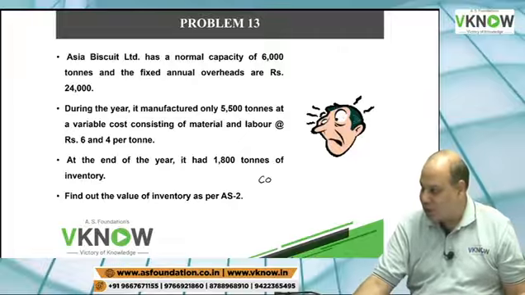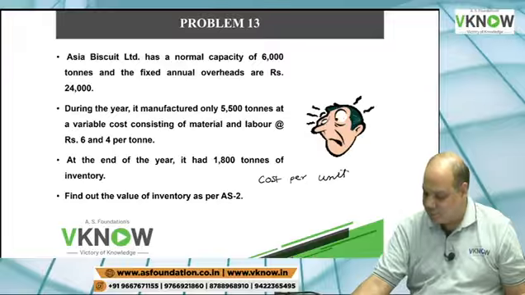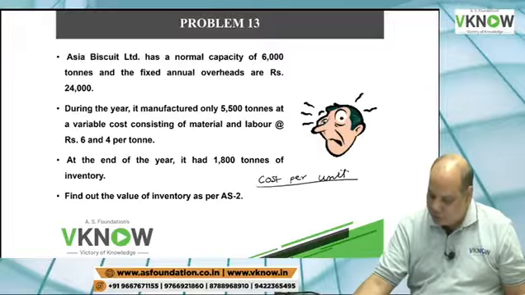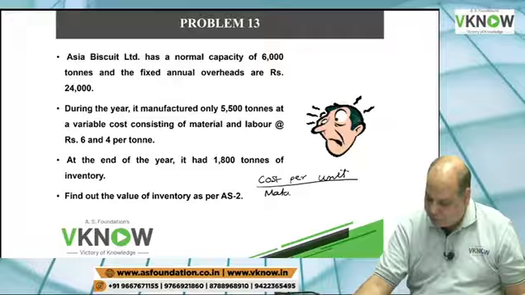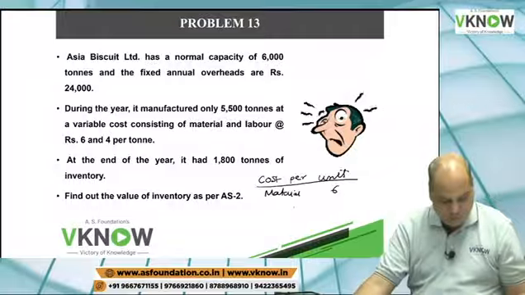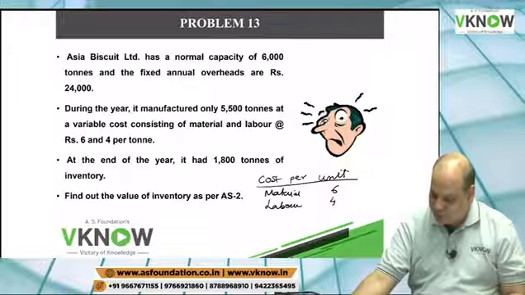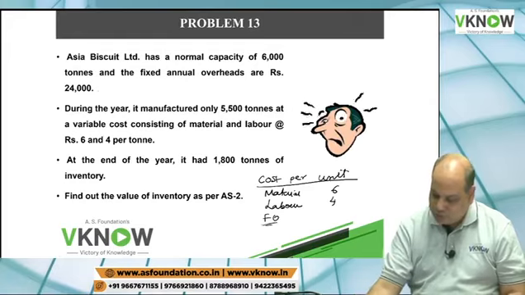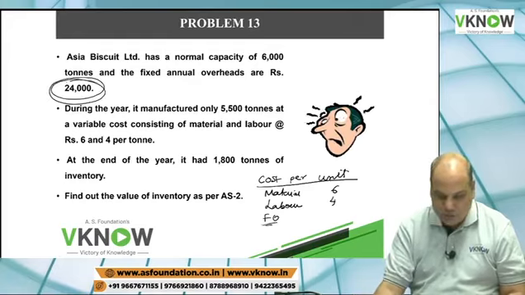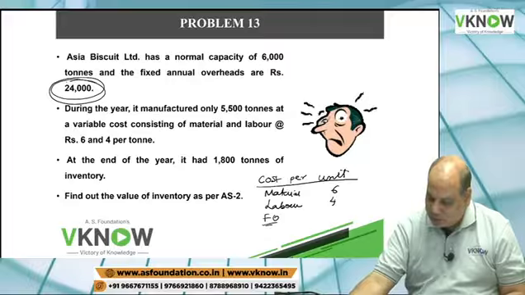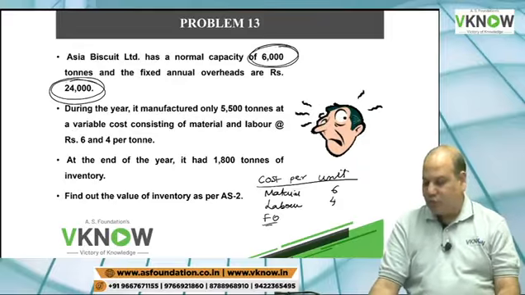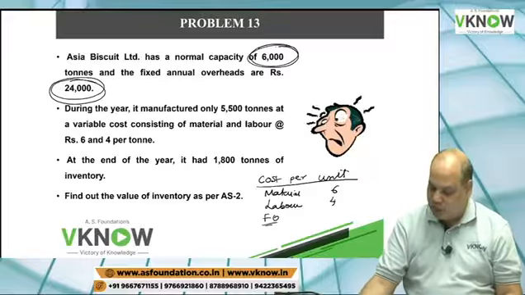First, we will calculate cost per unit. Material is 6 rupees. Labor is 4 rupees per unit. And fixed overhead is 24,000 divided by the higher figure, normal capacity.